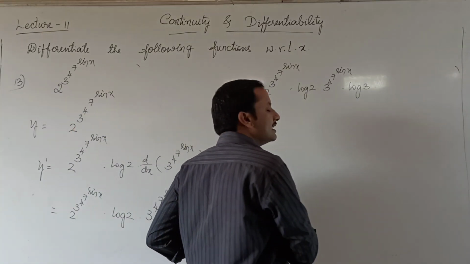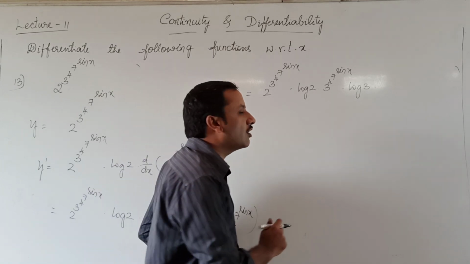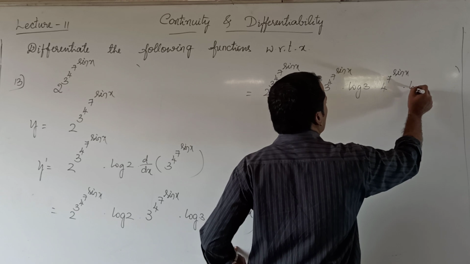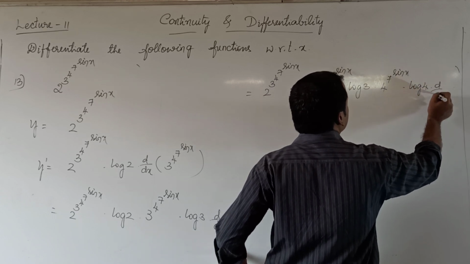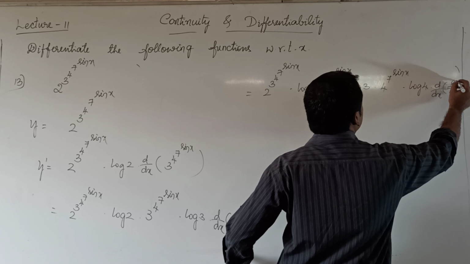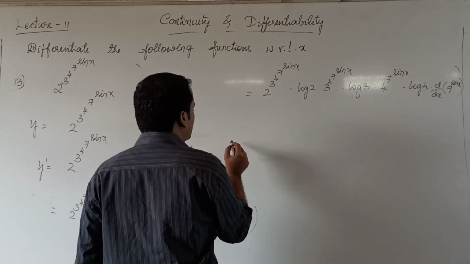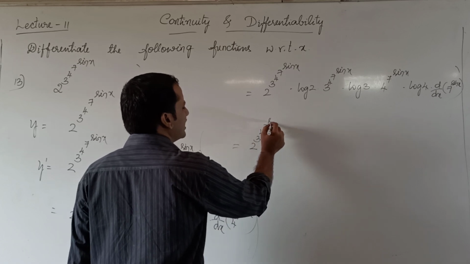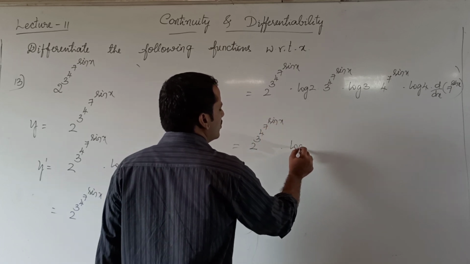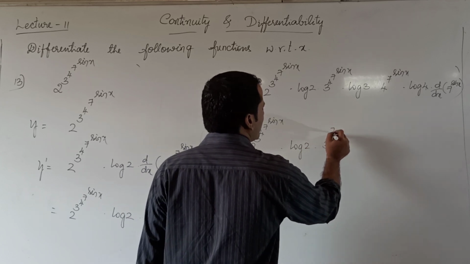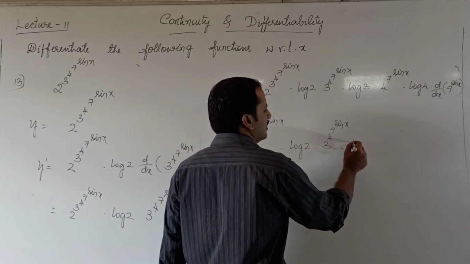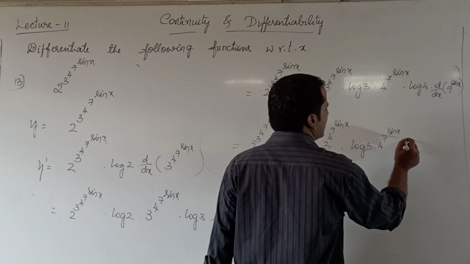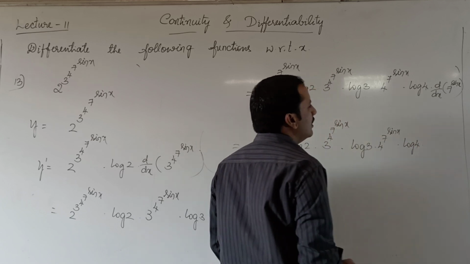That's equal to 2 power 3 power 4 power 7 power sin x into log 2 into 3 power 4 power 7 power sin x into log 3 into the derivative of 4 power 7 power sin x, which looks like 4 power x. The derivative of 4 power x is 4 power x into log 4. So the derivative of this would be 4 power 7 power sin x into log 4 into d by dx of 7 power sin x.